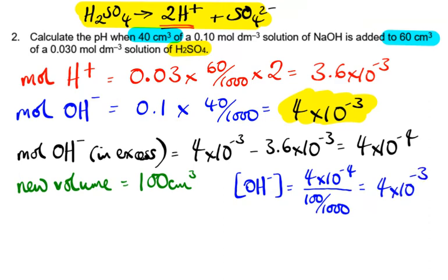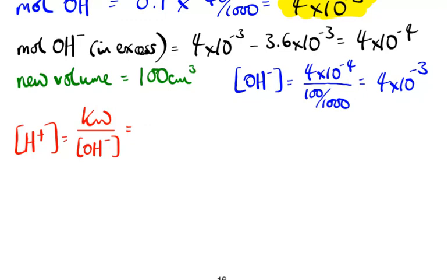At this point we're going to need to use kW to access the hydrogen ion concentration. Again, we'll assume it's 298 Kelvin, so kW is 1 times 10 to the minus 14, and we're going to divide that by the new hydroxide ion concentration, which was 4 times 10 to the minus 3.